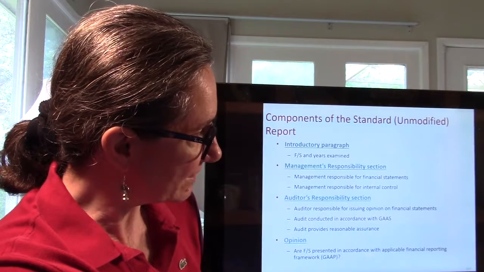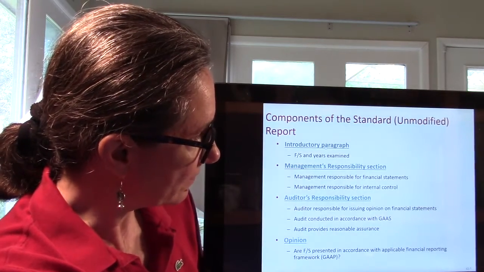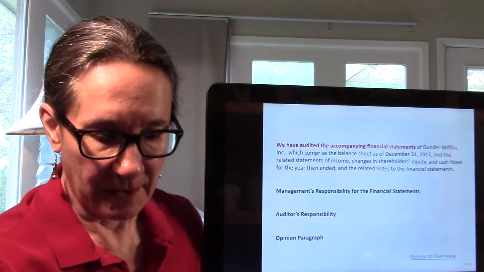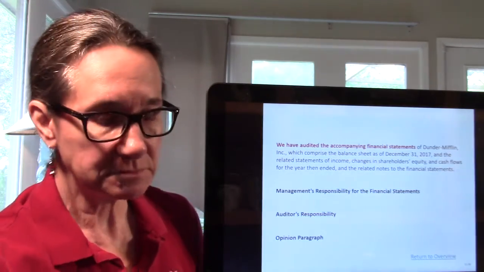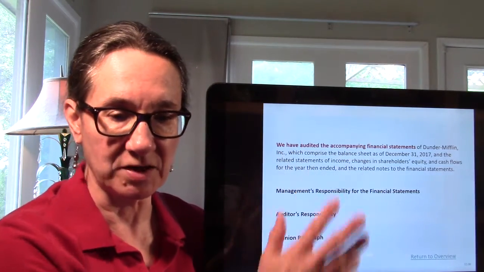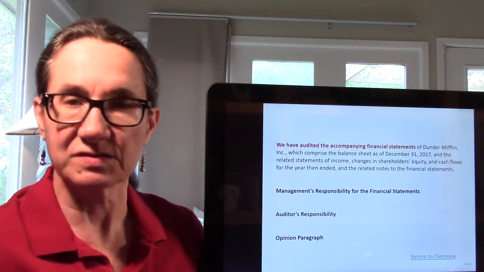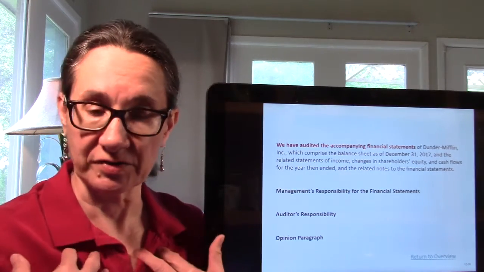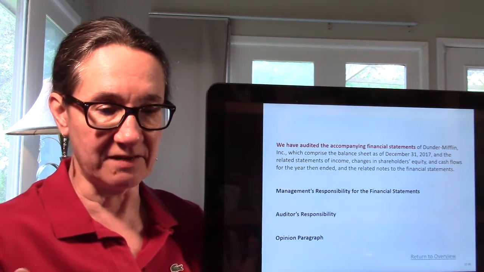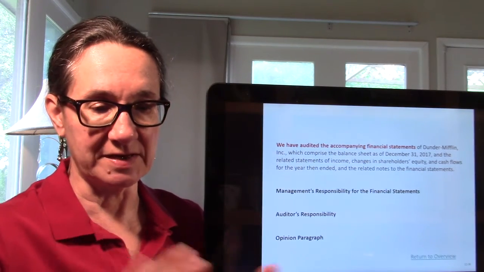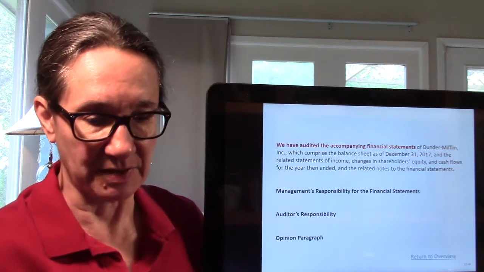So they'll all have an introductory paragraph, and in this introductory paragraph it just kind of says what you've done. It's just an introduction. Okay, we're the auditors, and we audited these financial statements, the date of it, and the notes. This is what we did, a GAAS compliant audit.